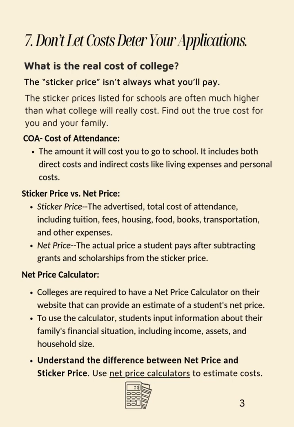Before knowing the difference between a sticker price and what is called a net price, we have to understand the cost of attendance. Usually it's called the COA. So the cost of attendance is basically the amount that it will cost you to go to a particular college, right? It includes both direct costs, which are billed by the institution, like tuition and fees, and indirect costs like living expenses, housing, food, personal costs, and transportation.